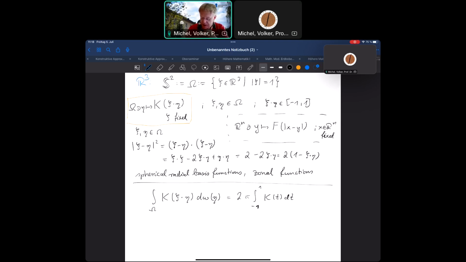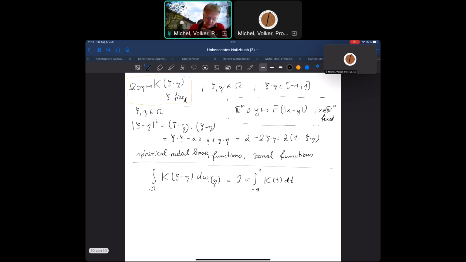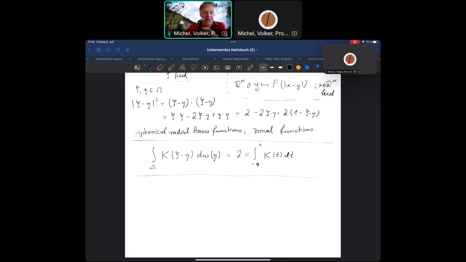This is a very, very helpful tool on the sphere, because you will get in many cases such zonal functions, and you often have to integrate them. So you can prove a lot of things by just knowing that, or by knowing that and some other things.